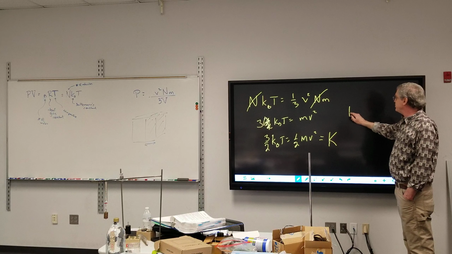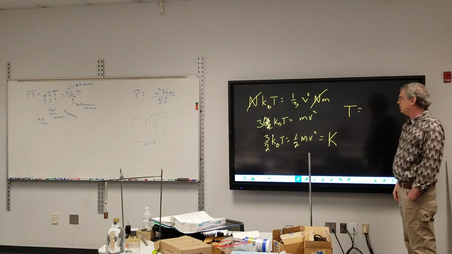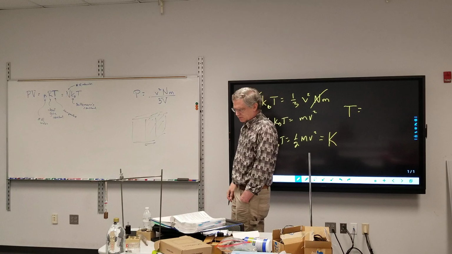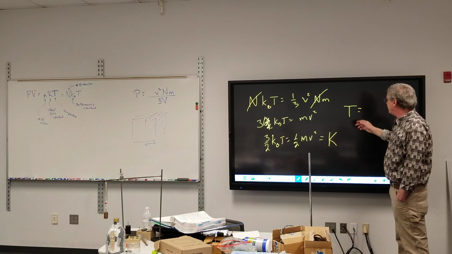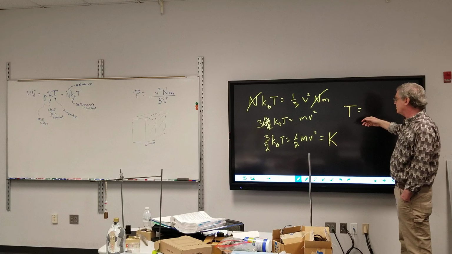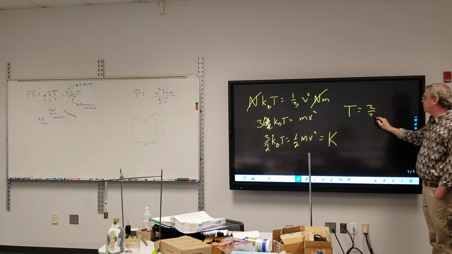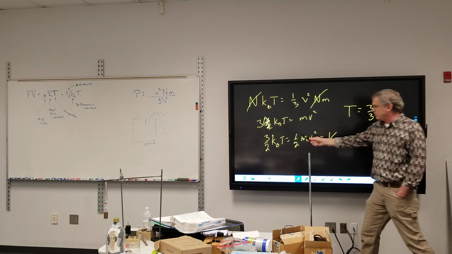So the temperature of an object is, sure, that is right. We can leave it, different ways of expressing the same thing. So it's 2/3 kinetic energy over Boltzmann's constant, or the kinetic energy is equal to this.